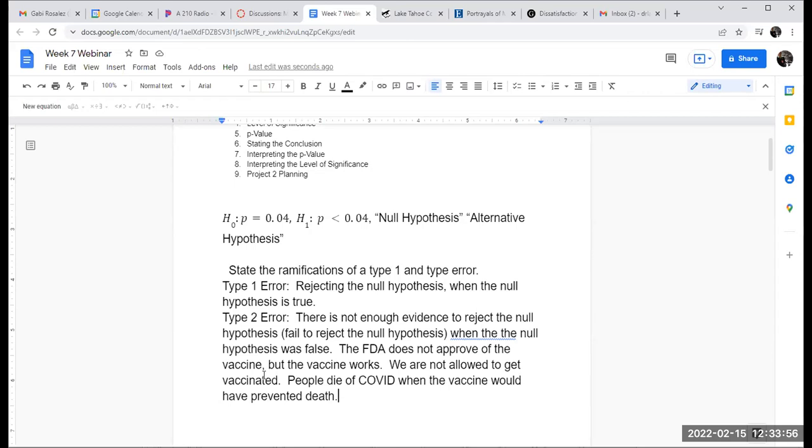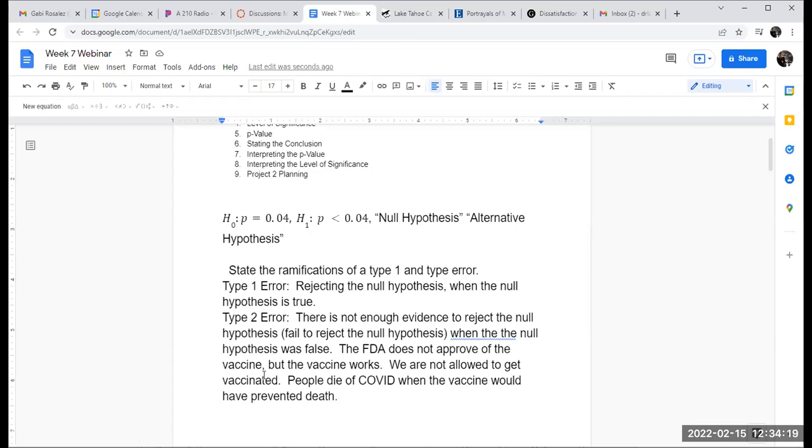Okay, and I'll let you know, anti-vaxxers are right now committing a type 2 error because they have decided to fail to reject the null hypothesis and say, I'm not trusting it, I'm not getting vaccinated. And there's a lot of anti-vaxxers who are dying of COVID. I talked to the nurse at Barton Hospital.